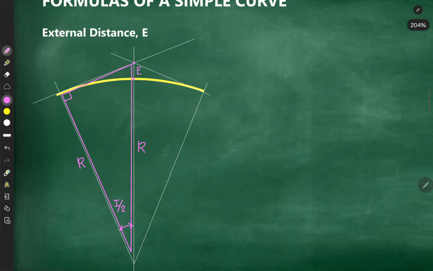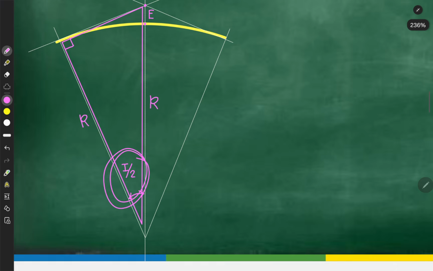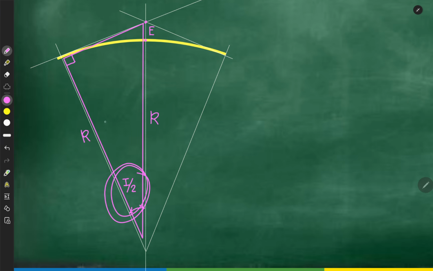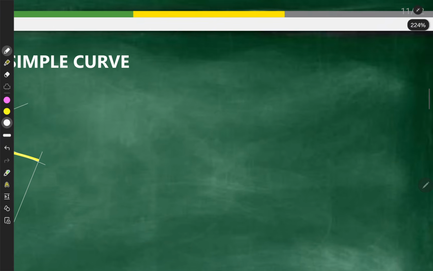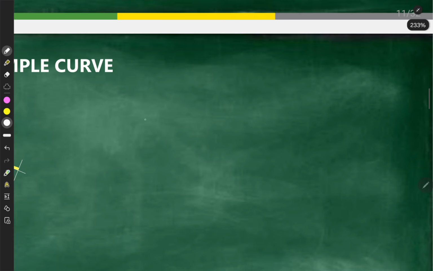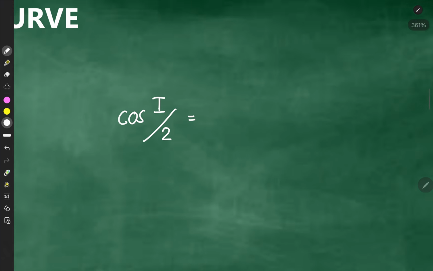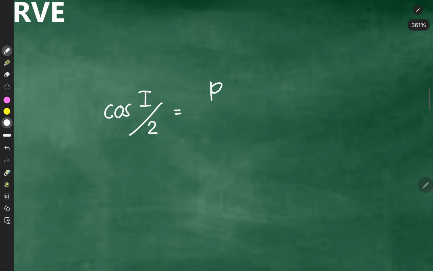So therefore, we can say that cosine I over 2 is equal to R over R plus E. That is cosine function. So isulat natin yan. Cosine I over 2 is equal to adjacent, which is R, over hypotenuse, which is the combination of R plus E.